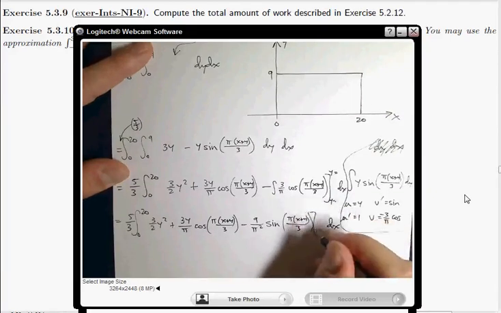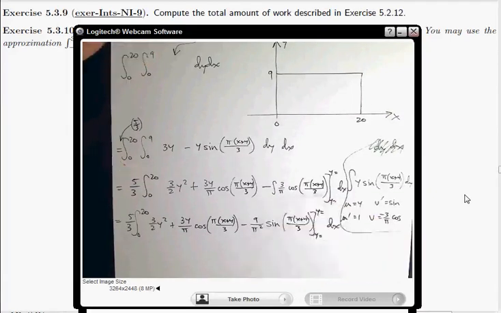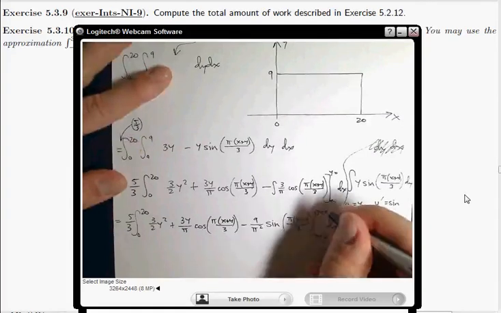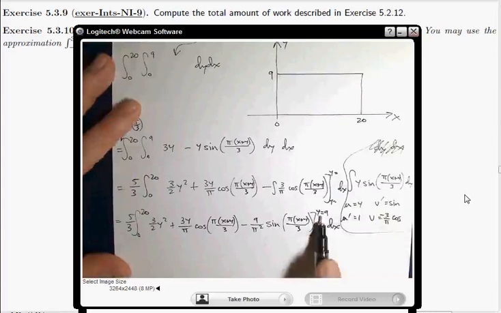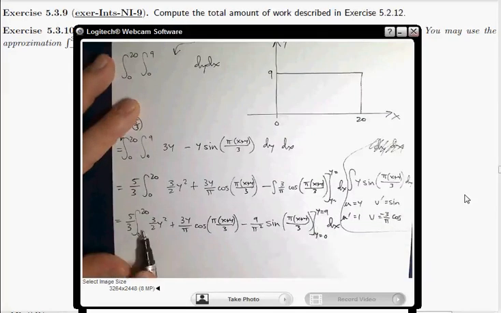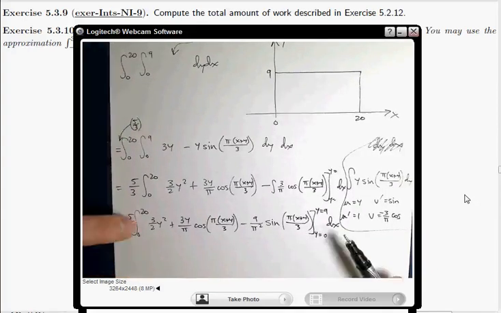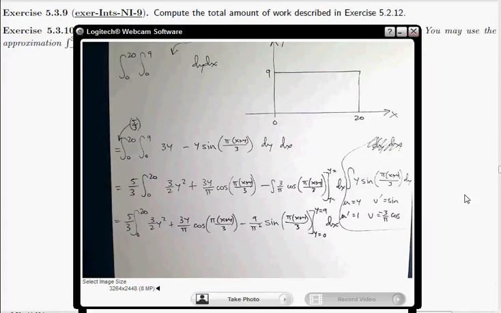And we plug in certain values for y, specifically 0 and 9. That gives you a great big function of x, and you take an x antiderivative. So it's just going to be some tedium.